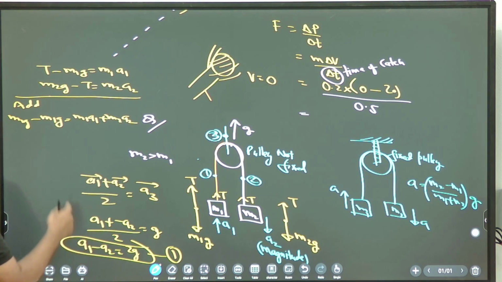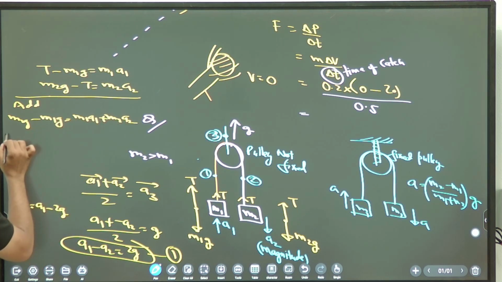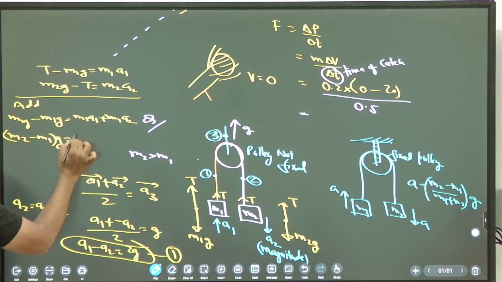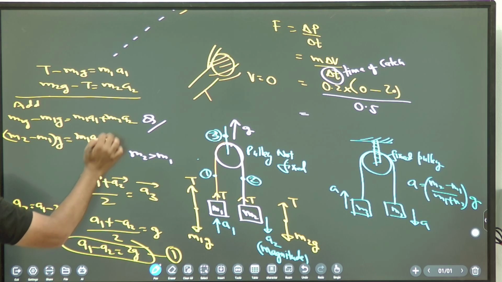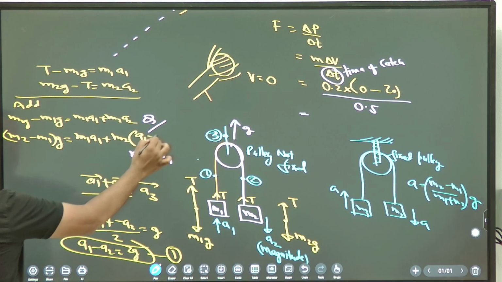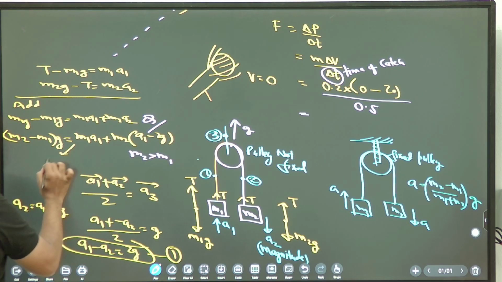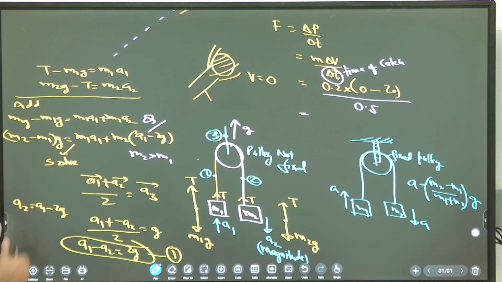Now, substitute. We have discussed this before. Now, a2 you find from here. What is a2? a1 minus 2g. Substitute here. So, (M2 minus M1)g is equal to M1 a1 plus M2 (a1 minus 2g). Now solve this, you will get your answer a1.